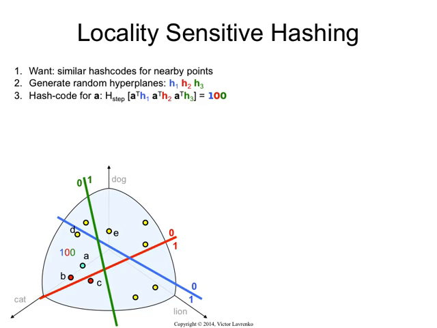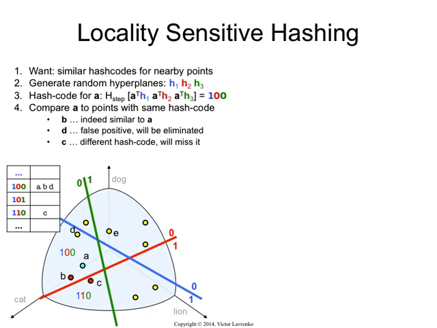So point A would get a hash code of 100, and so would point D, and so would point B. Point C would get a hash code of 110 because it was on the same side of the blue hyperplane and the green hyperplane, but on a different side of the red hyperplane. So its hash code is going to be different in the middle position: 110 as opposed to 100.